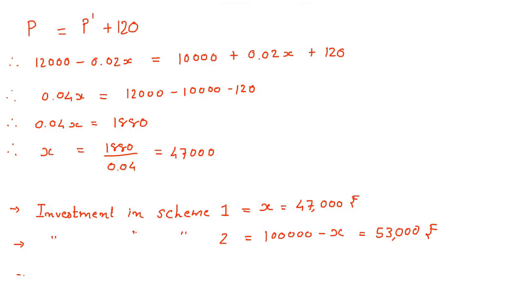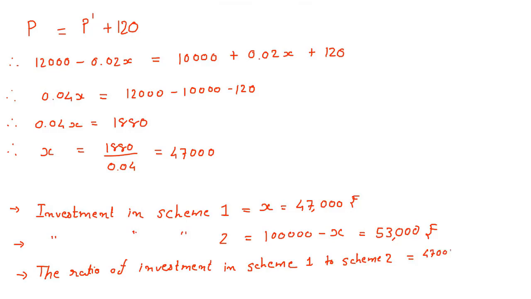Clearly, the ratio of investments in scheme 1 to scheme 2 will be the ratio of these two numbers, and that will be 47,000 by 53,000, and that will be equal to 47 by 53.